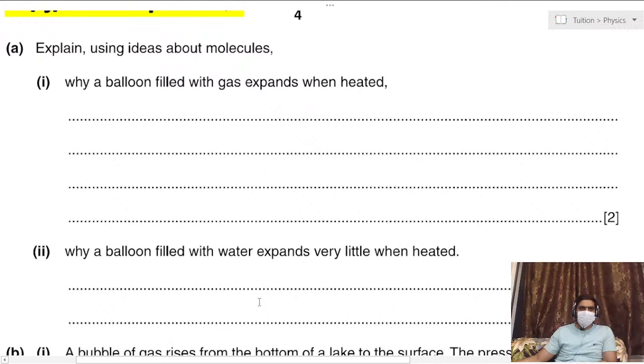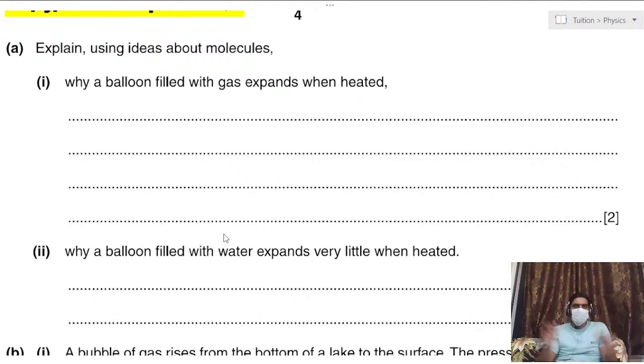Okay, so balloon filled with gas expands when heated. So what's the reason? First of all, the molecules, when you heat it up, their kinetic energy or the speed would increase. They would apply more force and more pressure on the walls of the balloon.